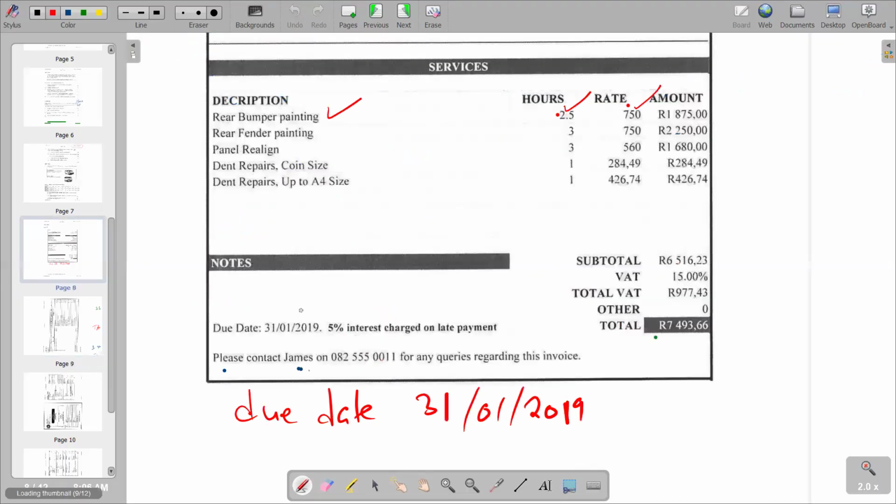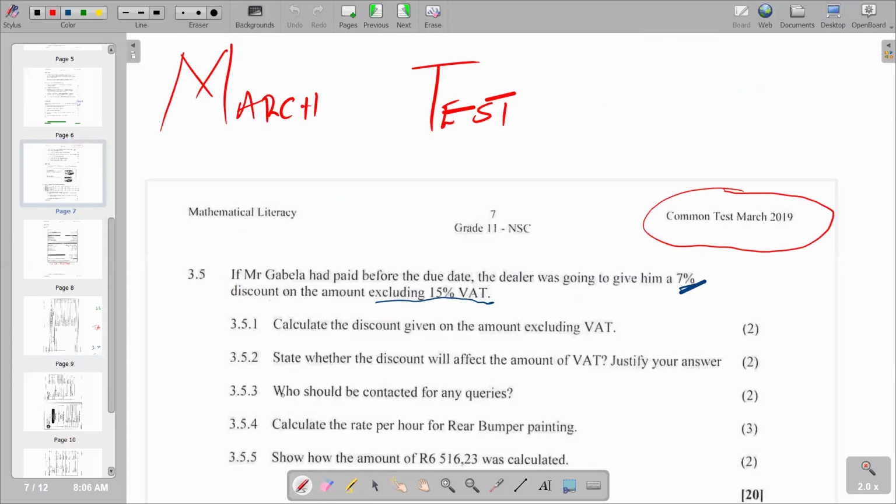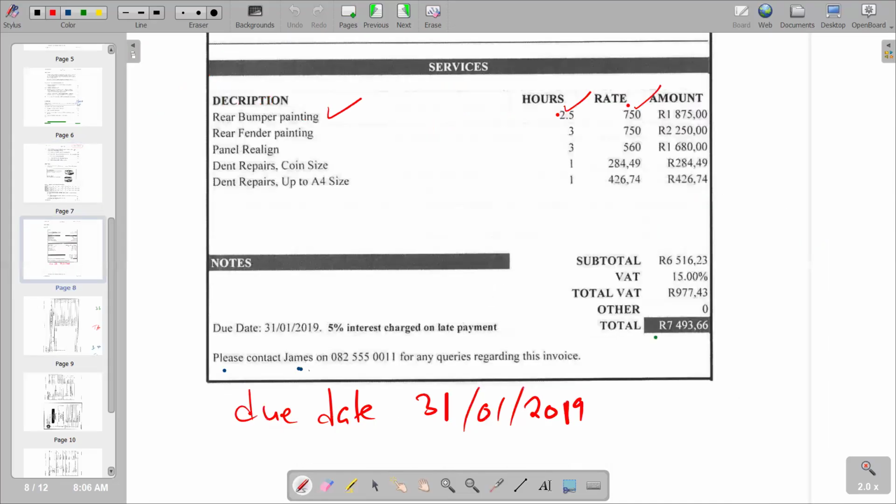Then go to the next one, which is now our 3.5.5. Show how the amount of 6,516 rands 23 cents was calculated. So we go to our invoice. We want to show how this amount was calculated. So that's the question. So obviously it's coming from the figures that we have here.